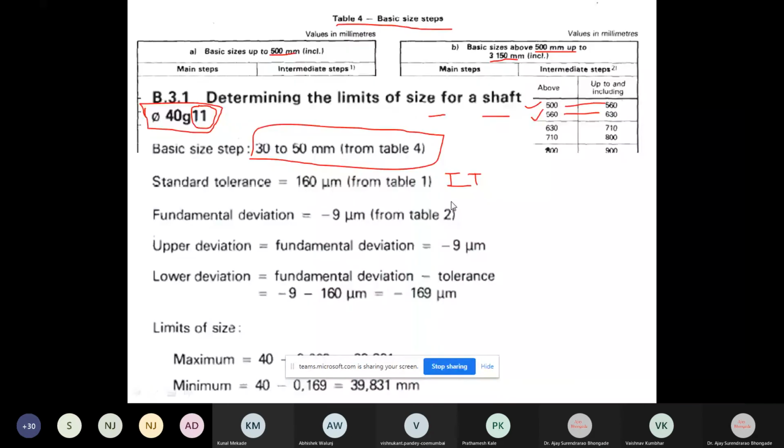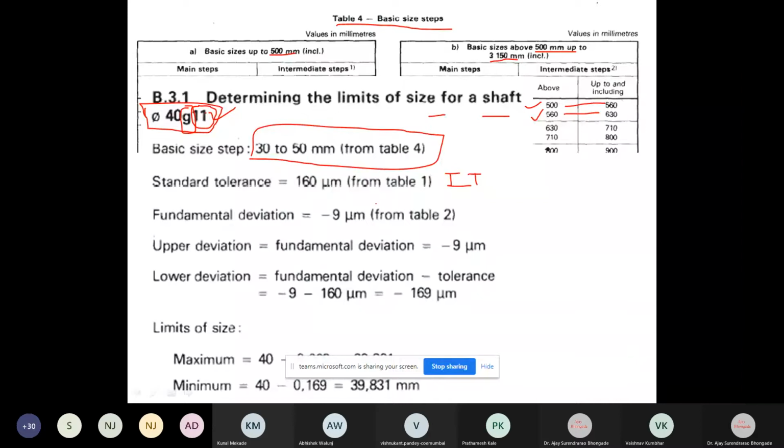And what other things? Fundamental deviation. I think another part was missing. Okay. Fundamental deviation for the factor G here, right? We have worked out this 11. Now what about G?